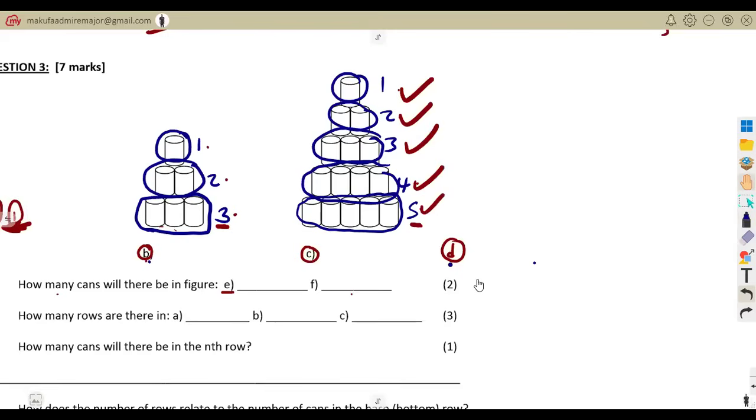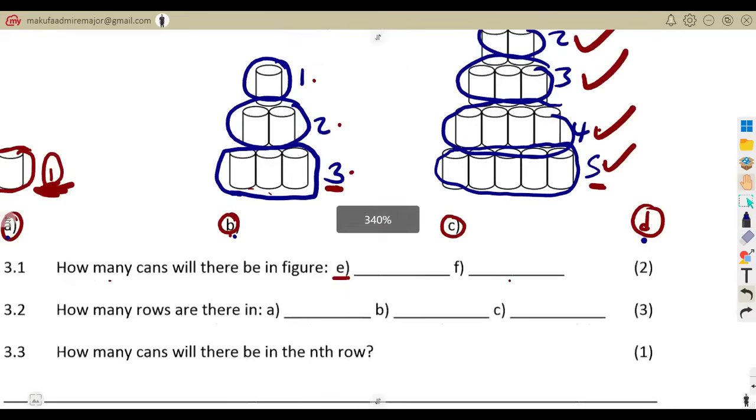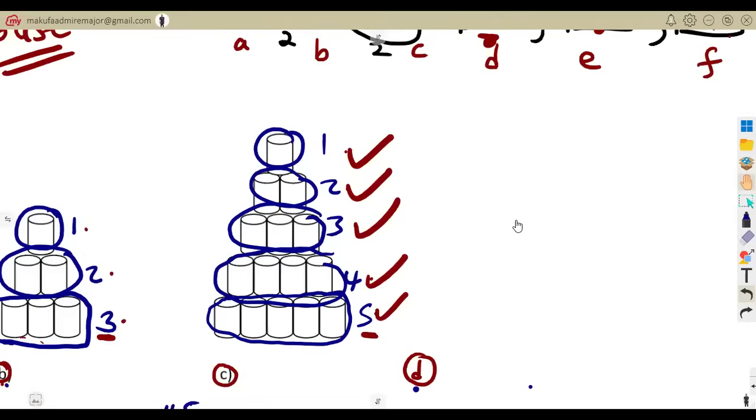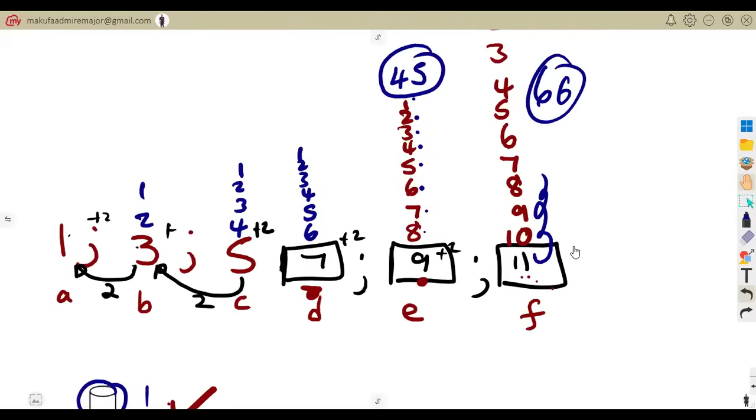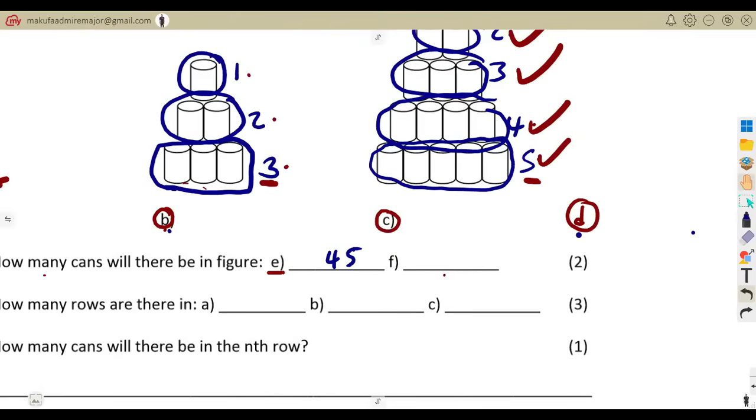You're supposed to also be careful. Like I said, your memo, guys, you're supposed to be very, very careful. Sometimes they want to ask a certain question, but they write it another way. So this is 66.